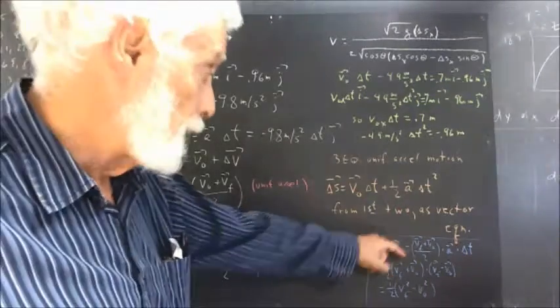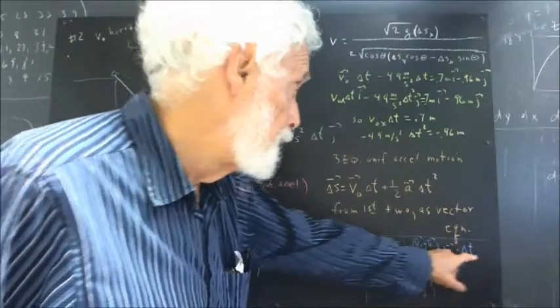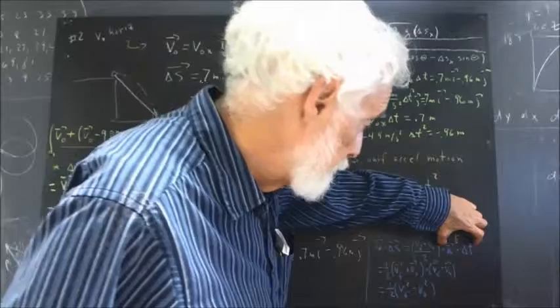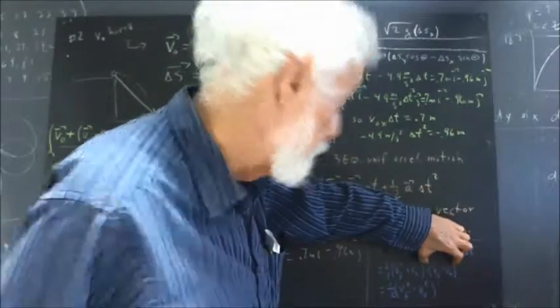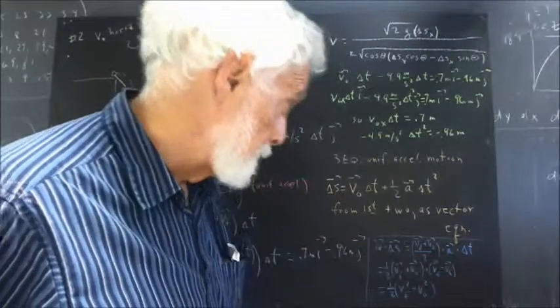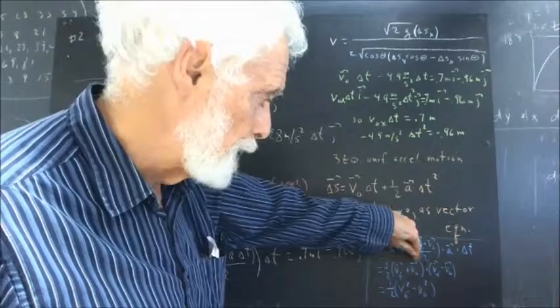So we get a dot delta S equals V naught plus Vf over 2 dot a, times delta t. a delta t is just delta V, which is Vf minus V naught. Since this was a dot product, we have a dot delta S equals Vf plus V naught dot Vf minus V naught.